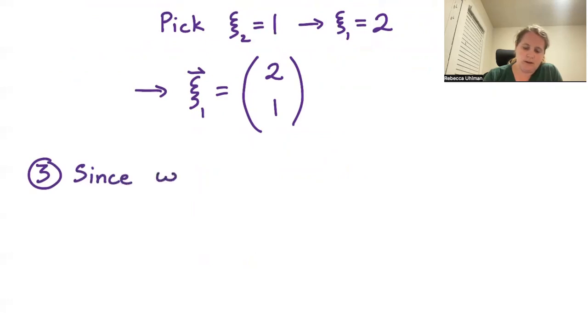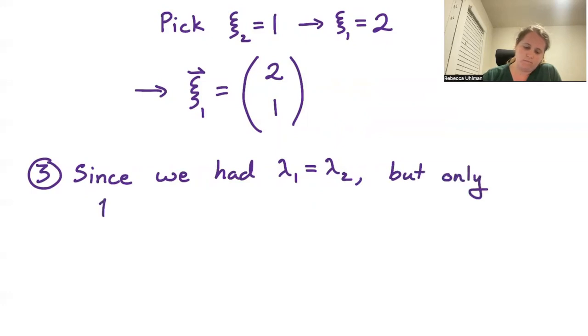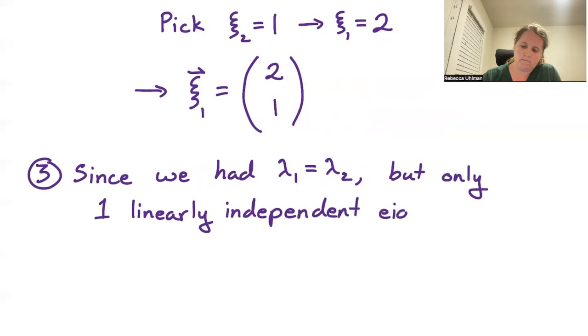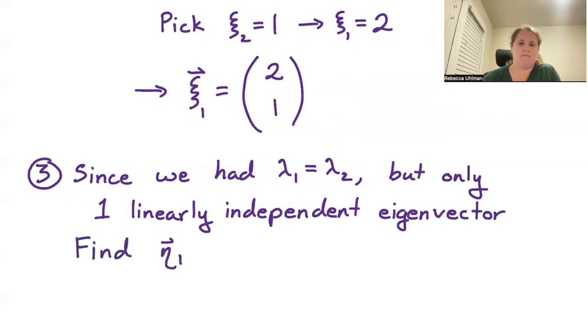Since we had λ1 equals λ2, but only one linearly independent eigenvector, our next step is to find eta 1.